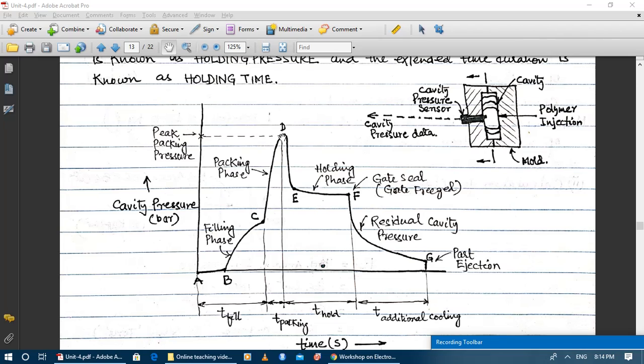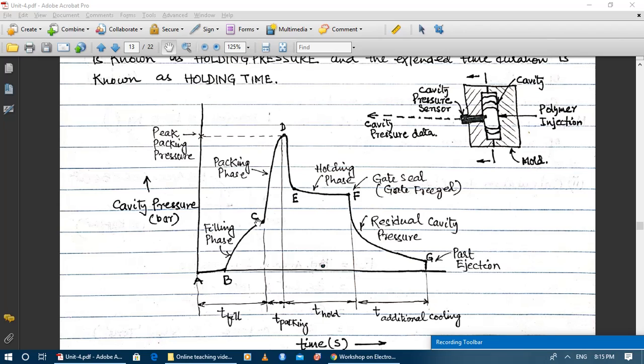After point D, I have to wait till the gate is completely frozen, but I need not continue the pressure at point D. We can apply a lesser pressure, which is the holding pressure, at somewhere about point E. So we'll apply the holding pressure at E, and this will continue till point F. This duration of time is known as T hold, or holding time.